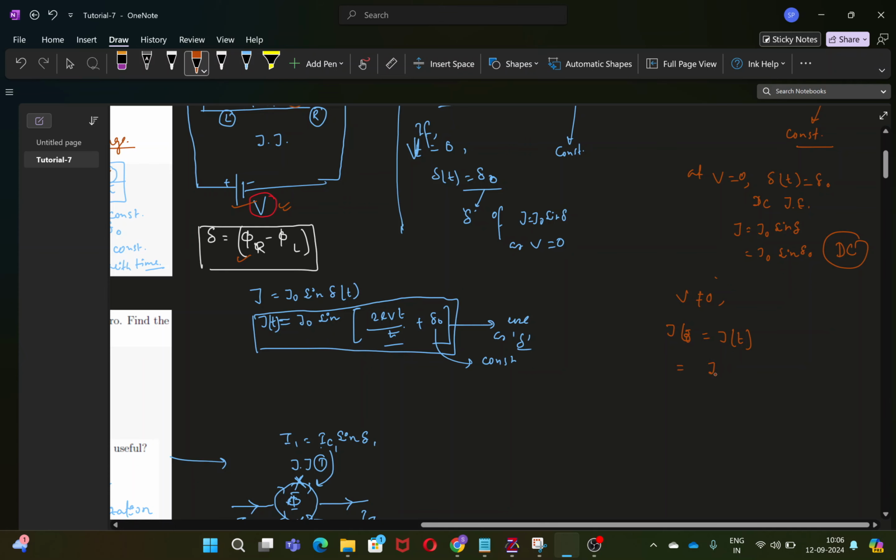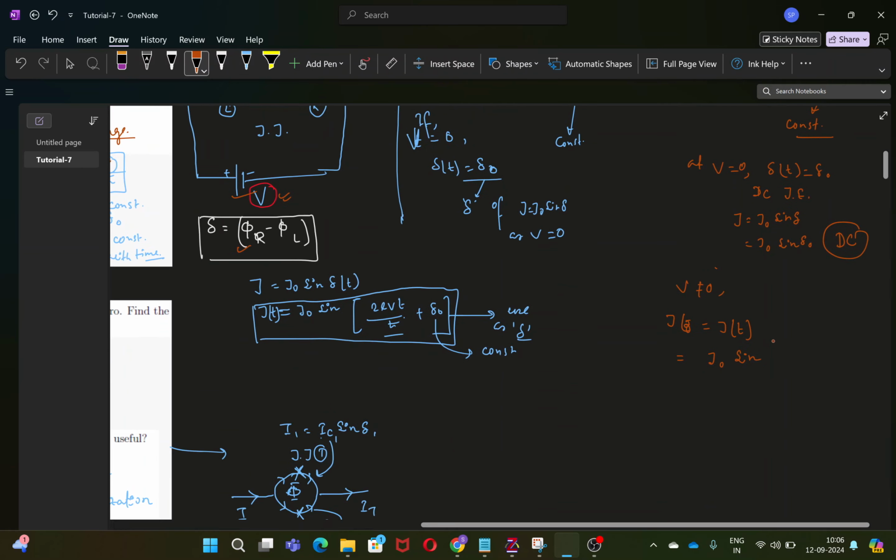So this is just J naught sine, and instead of delta, you put the whole expression here: 2eVt by h cut plus delta naught. This is the AC Josephson effect, because this current is AC, varying over time.